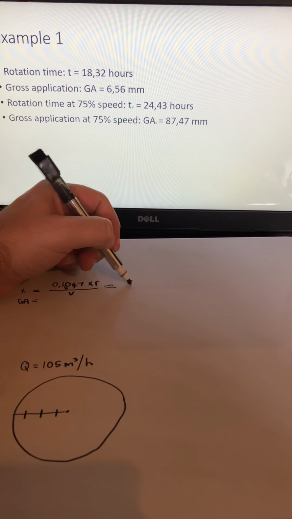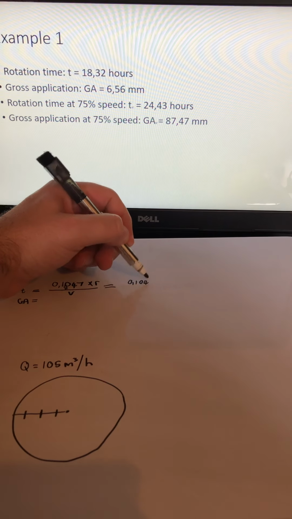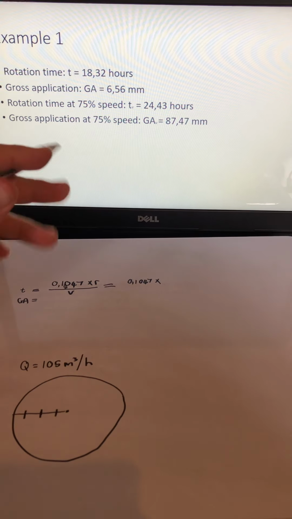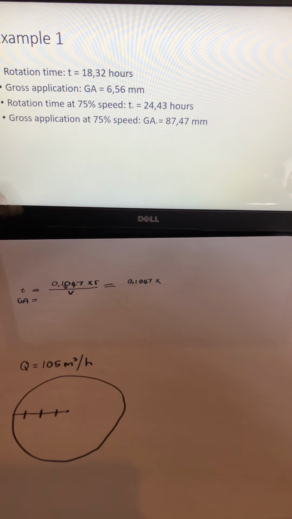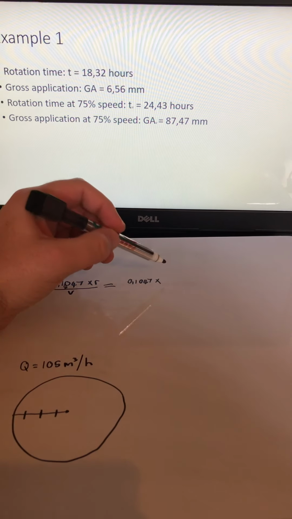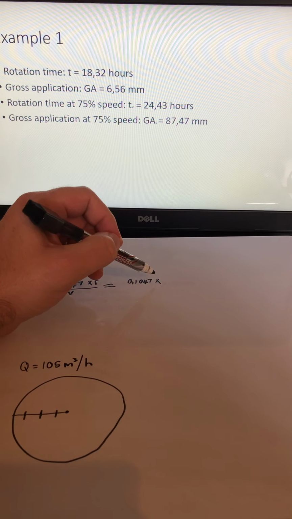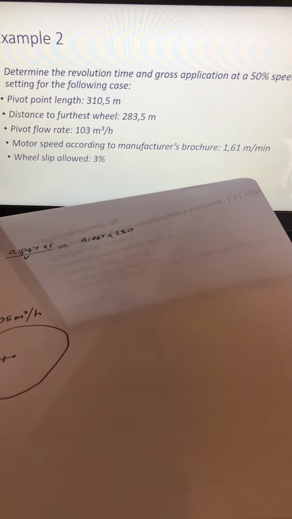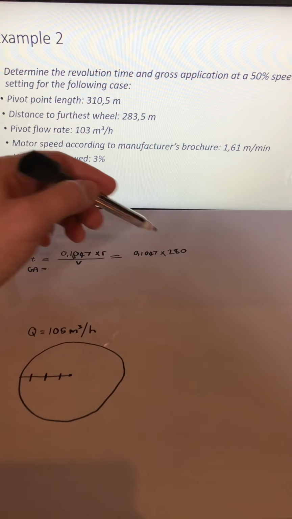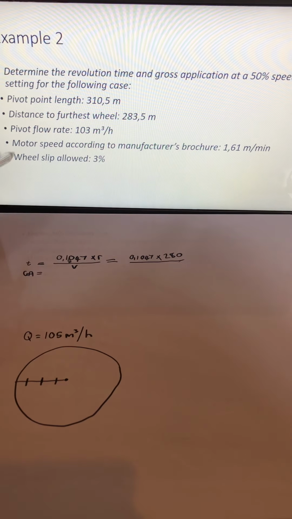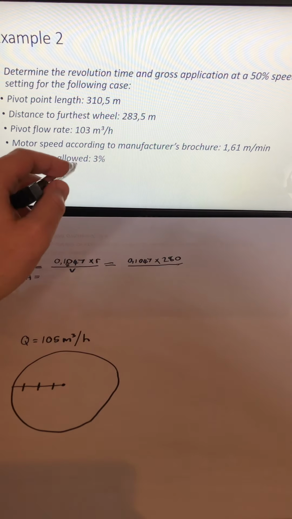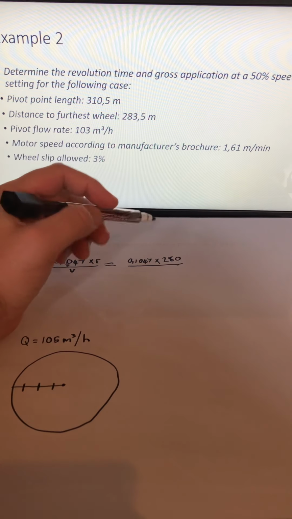So you'll take that 0.1047 multiplied by the radius from the center pivot to the furthest wheel, which is 280 meters, if I remember correctly. And then you'll divide it by this motor speed according to the manufacturer's brochure, allowing for a 3% wheel slip.